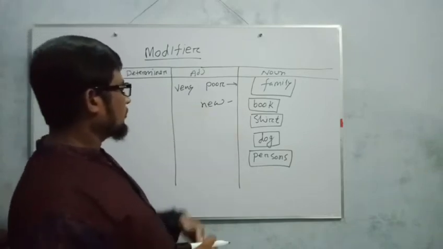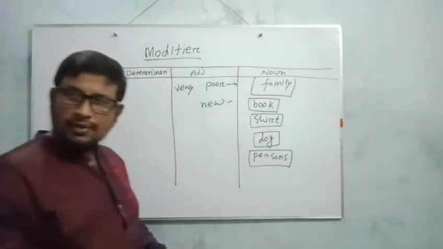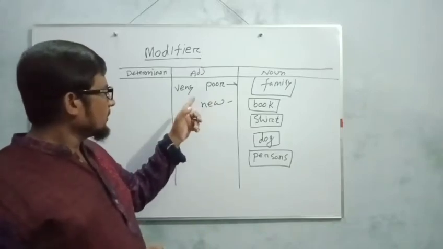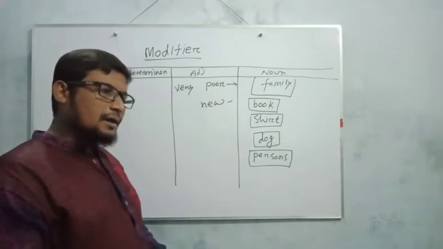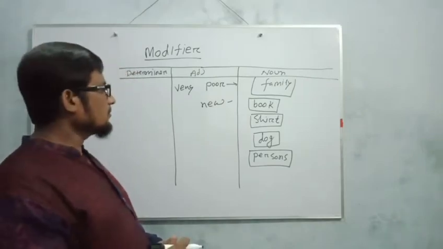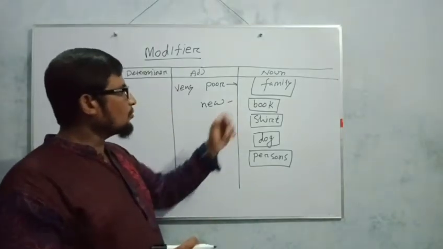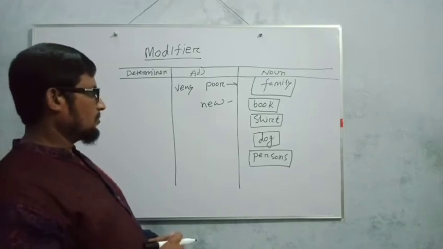When we write down only book, book means only book and nothing more. But now, new book. The word new now gives an extra information about book, and that is the quality of the book. What kind of book?